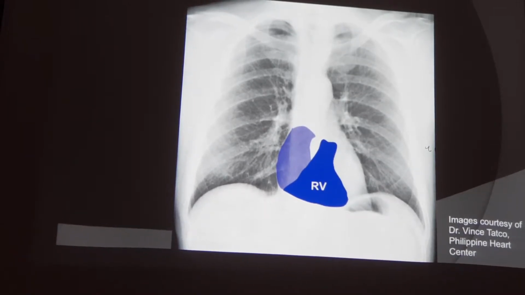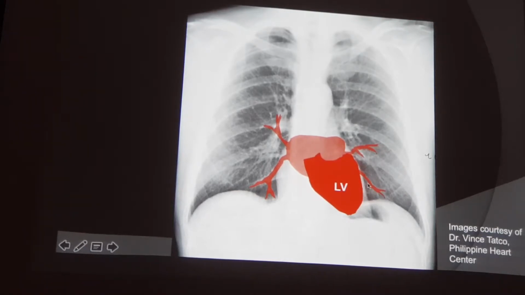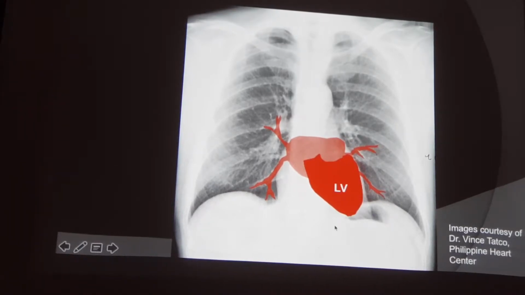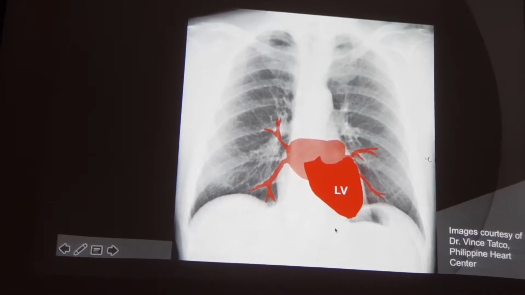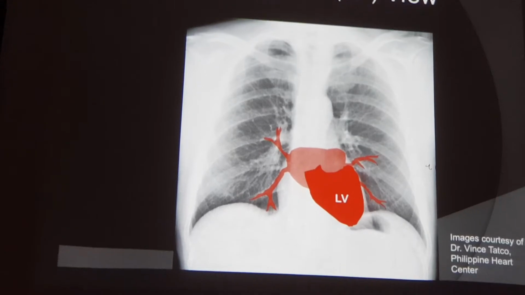As compared to left ventricular enlargement, when it enlarges, it will go down here. Your cardiac apex will become prominent, it will enlarge there. Left ventricular enlargement is a sagging breast. Right ventricular enlargement is a perky breast. But this is just an indirect sign.